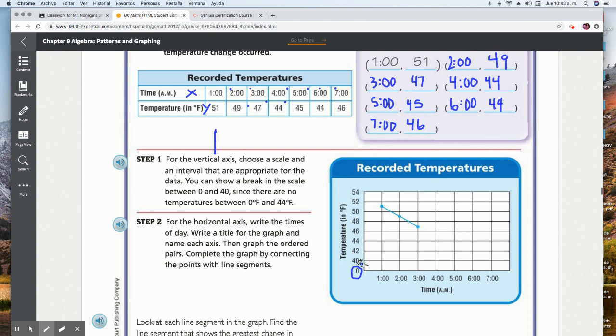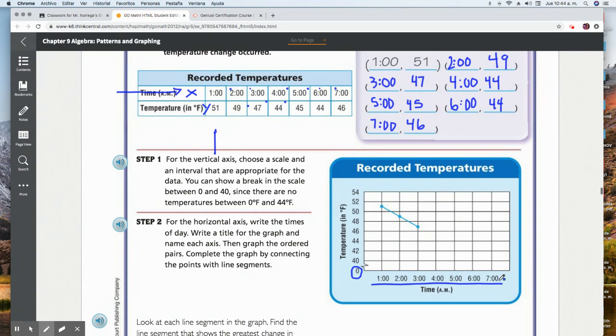That's why this scale has an interval of 2: 40, 42, 44, 46, 48, 50, 52, and 54. And of course, the numbers on the x-axis are the hours, the time. These numbers will stay the same. You don't need to find a scale or an interval to write these numbers.